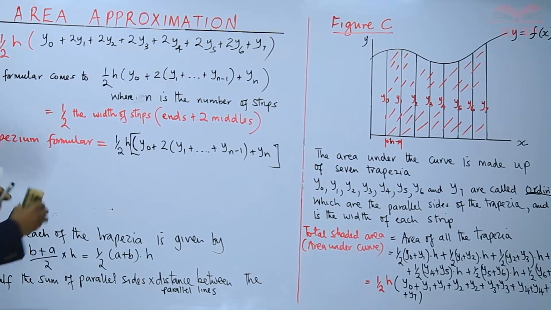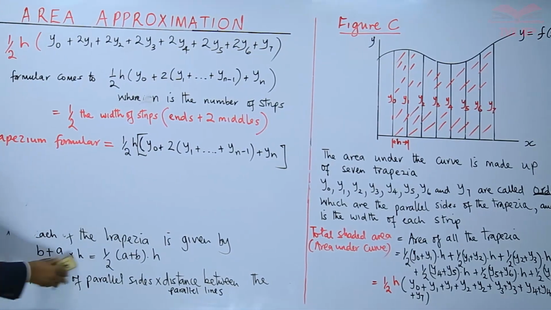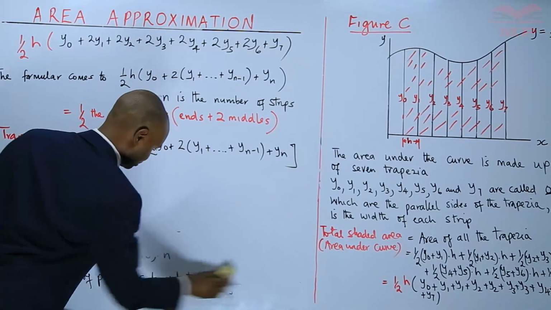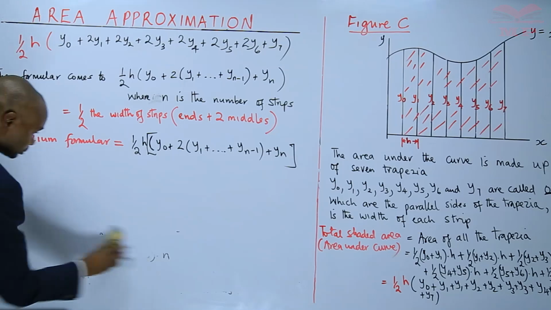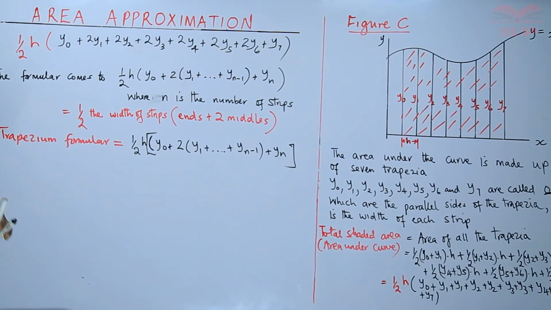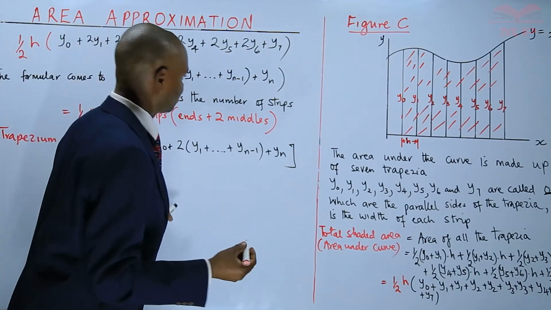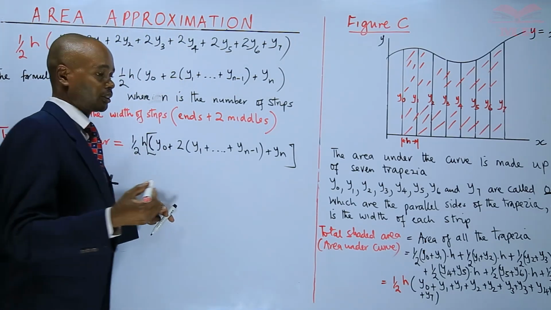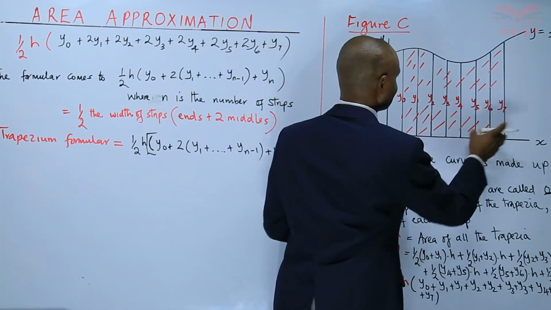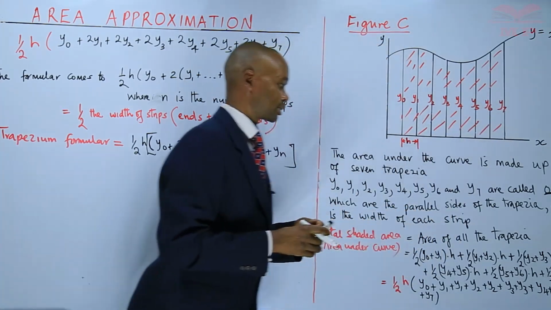So shortly, let's go through what we've gone through. We first started by the formula for a trapezium. Then we realized that the area under a curve is divided into strips.